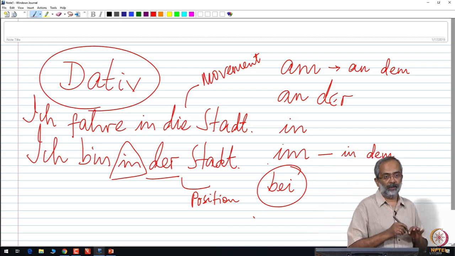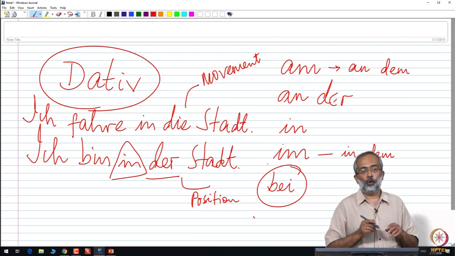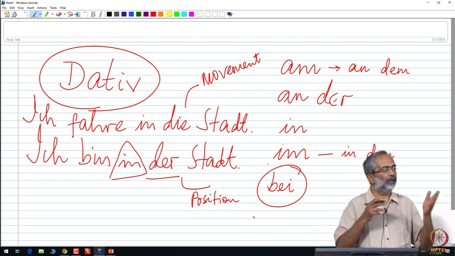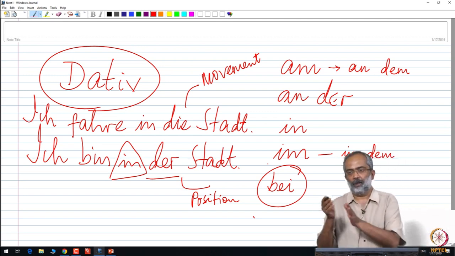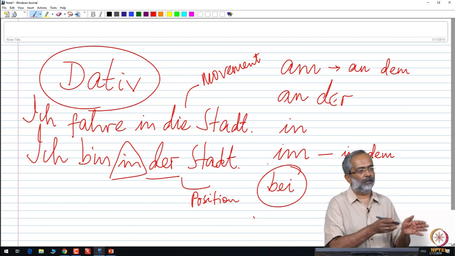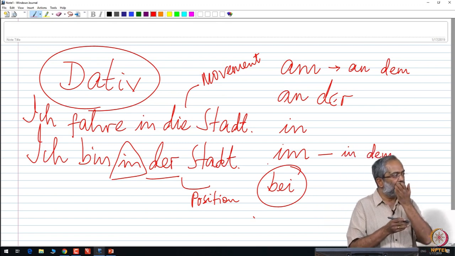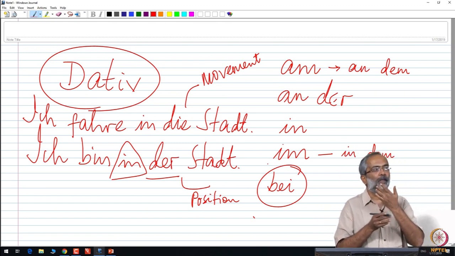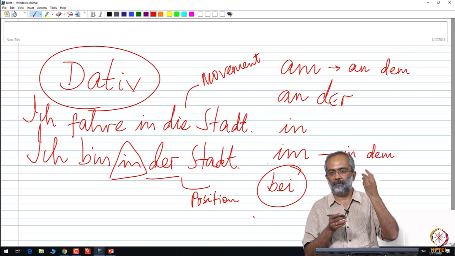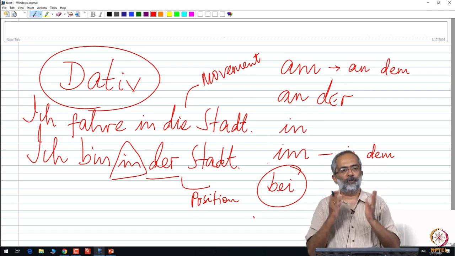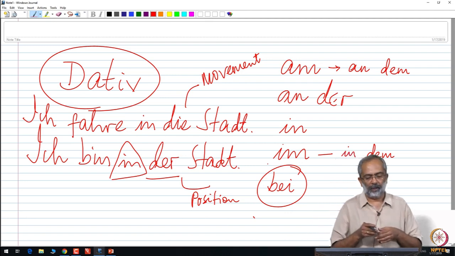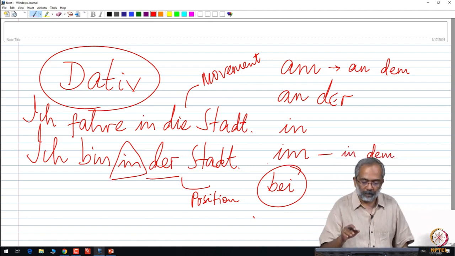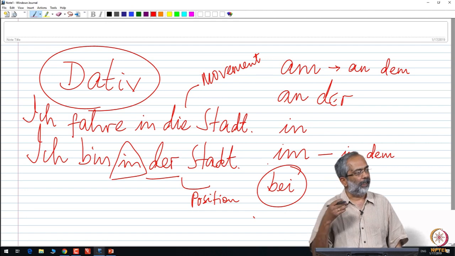In English, it could mean to, it could mean into, it could mean a couple of other things. So, we will not have a one-to-one correspondence as far as the meaning of the prepositions is concerned. So we have to try and illustrate to ourselves visually what the preposition means. Okay, and we'll try and do that when we do prepositions in detail, but that is the explanation for an dem, in der, in die, etc.